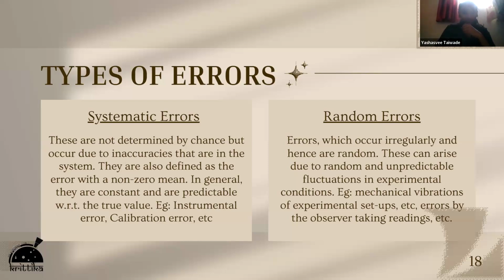It will always be a non-zero mean because there is always some sort of error in the system. It is pretty much present in all the systems. So this is the sort of error which is pretty much always non-zero. And so in general, they are constant and they are predictable. If we have some sort of true value, with respect to that they are always predictable.